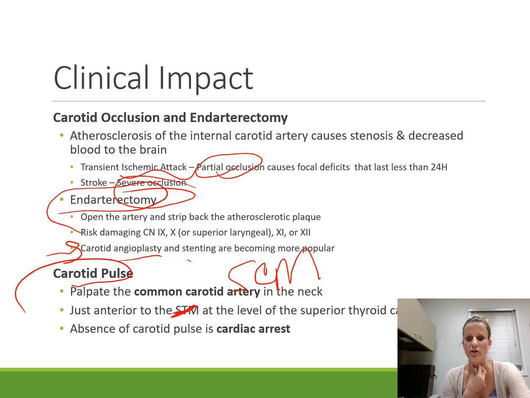So remember, the thyroid cartilage is in the front of the larynx, and the superior part of it is where the carotid is going to bifurcate. So right about at that level is where we take the carotid pulse. An absence of a carotid pulse indicates cardiac arrest.